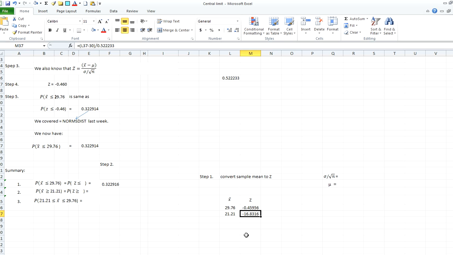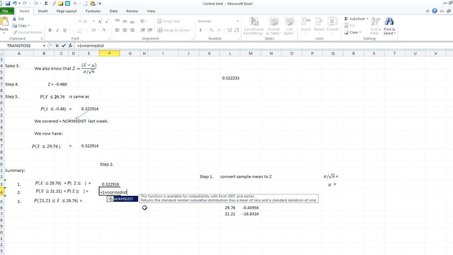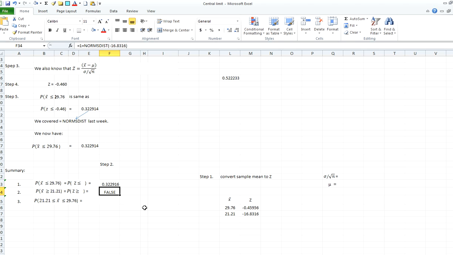Yeah, that's the correct number. So equal to 1 minus NORMSDIST, left parenthesis, negative 16.8316. So 1 minus this. It is almost 1.